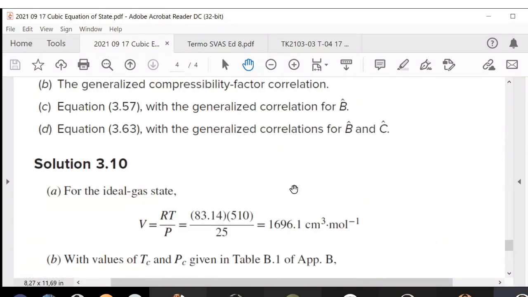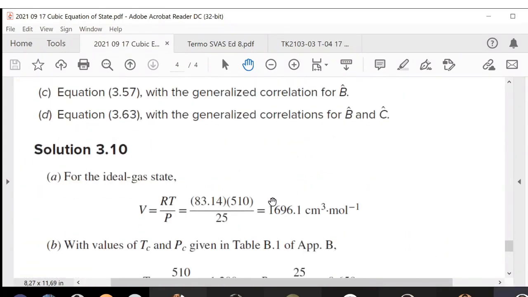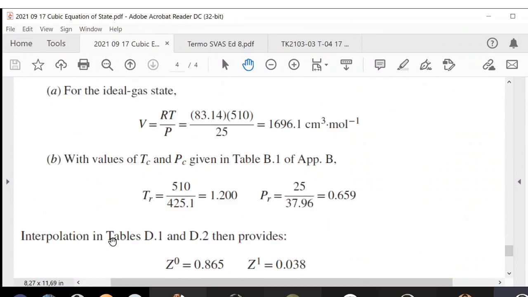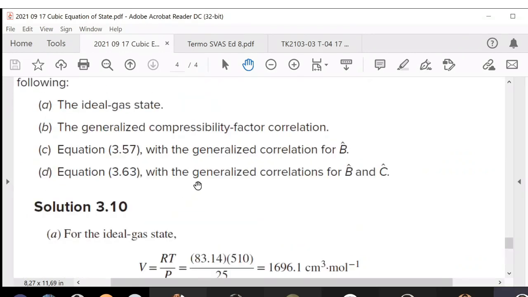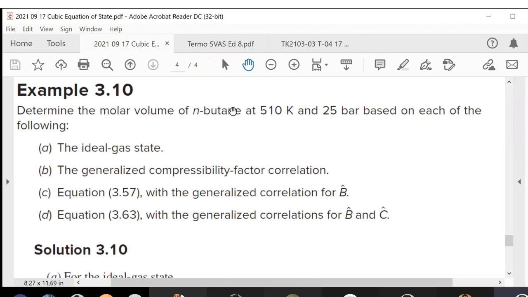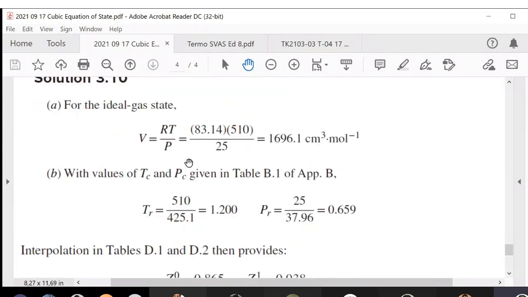Which one is easier? Depending. This one is easy actually. We just check in the table, then we find out Z. In the generalized system, it doesn't matter actually if we use normal butane, or ammonia, or methane, because we work with the TR and PR.